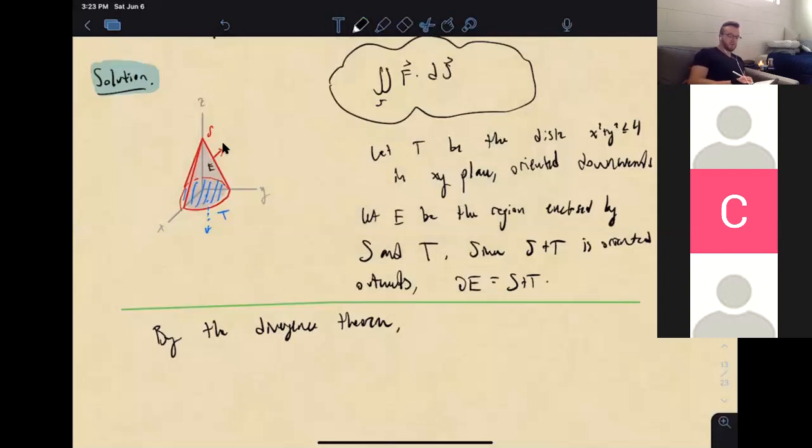But the divergence theorem would say that the triple integral over E of the divergence of F is the surface integral of F over the boundary of E. Well, the boundary of E is S plus T, so this is going to be the surface integral of F over S plus the surface integral over T.